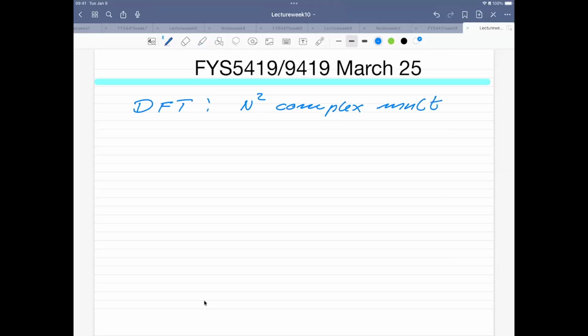So when we are looking at the number of floating point operations, multiplications, and since we are multiplying a matrix with a vector, there are also going to be n times n minus 1 complex additions. So keep in mind that the numbers are complex.